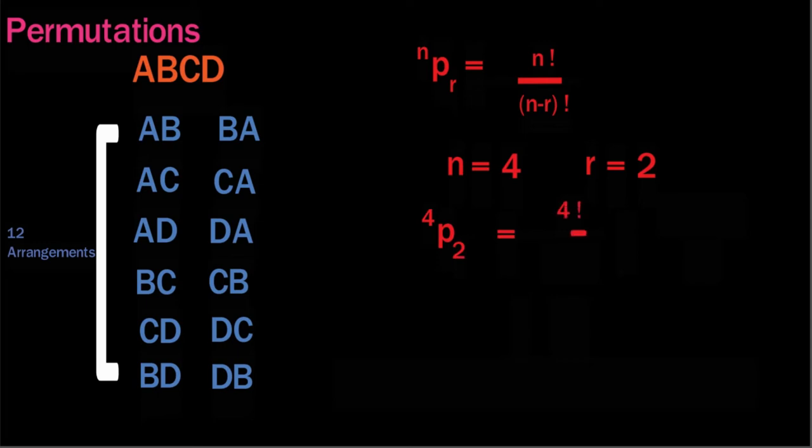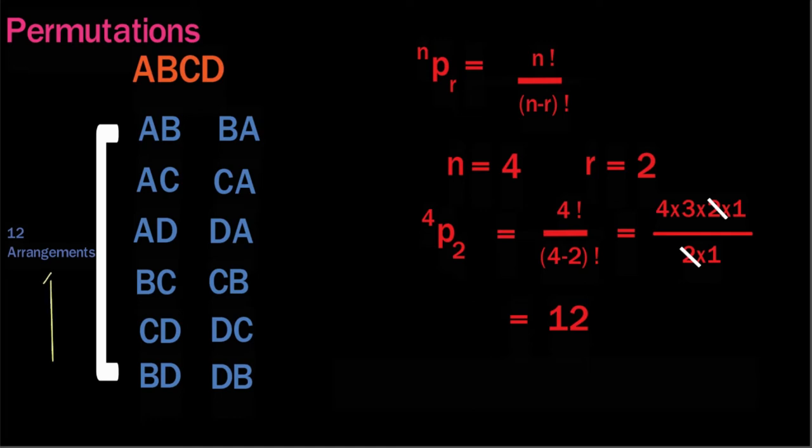So it's 4 factorial over 4 minus 2 factorial. 4 factorial is 4 multiplied by 3 multiplied by 2 multiplied by 1 over 2 factorial, which is 2 multiplied by 1. So we cancel, and we get 4 multiplied by 3, which is 12. If you look at the listing method that we just did, we also have 12 different arrangements. Again, to remind you, the keyword for permutation is always arrange, and order matters.